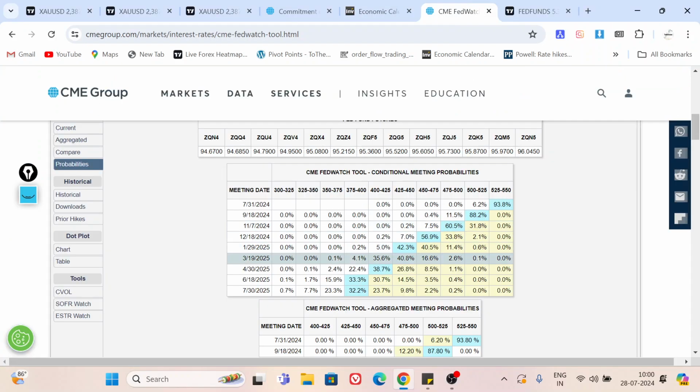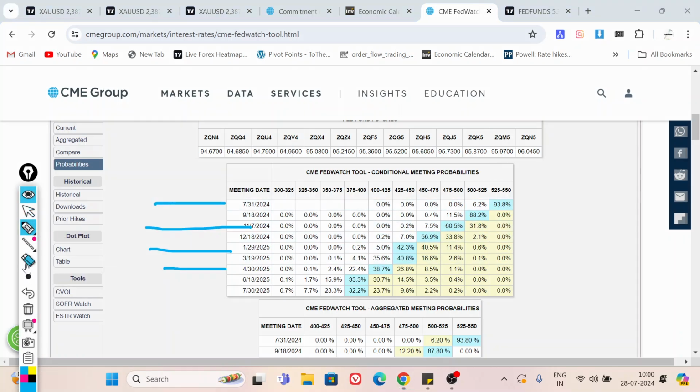If we check the CME FedWatch tool, there is no change visible. There is no probability of a rate cut for this particular meeting. This is the current Fed funds rate, and it is showing that there is no chance for a rate cut for this meeting.